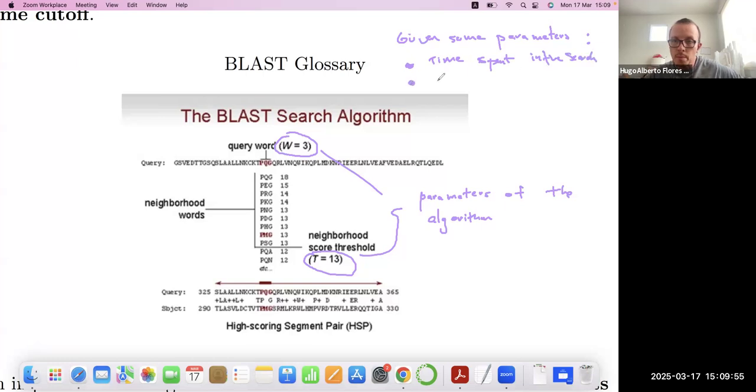After that, the potential error that we have. What does it mean? It means that since we are setting some parameters, we may make some mistakes and not recognize some sequences that really are similar. So this is the price to pay based on some parameters, and we're going to discuss why we can trust the tools, or how we understand this time spent and potential error based on the parameters that we choose. Okay, we're going to discuss that.